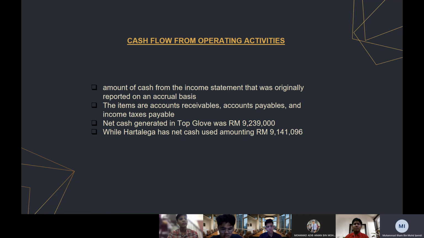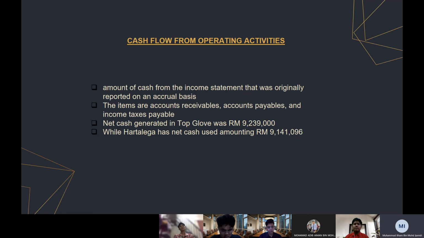The first one is operating activities. Cash flow from operating activities is the amount of cash from the income statement that was originally reported on an accrual basis. A few of the items included in this section are accounts receivable, accounts payable, and income tax payable.